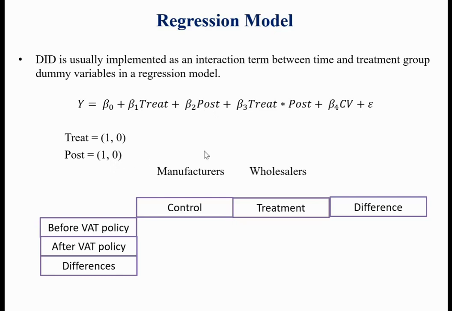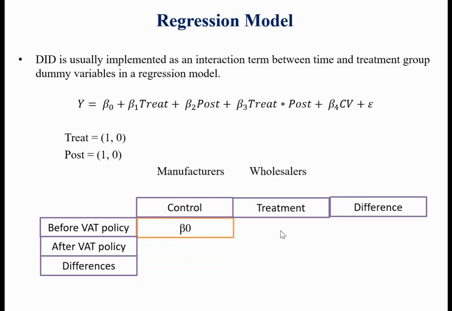So if we are in this region, before the VAT policy, then our control, manufacturers, is denoted by 0, and before the VAT policy is also 0. So our estimated coefficient at this point is going to be beta 0 hat, just beta 0.